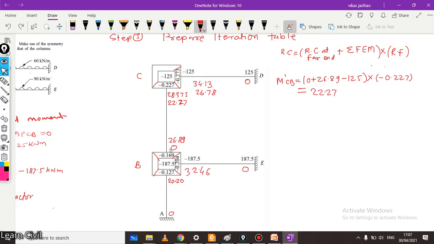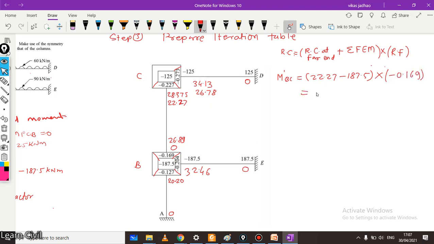Now for this member BC, rotation contribution M dash BC will be equal to rotation contribution at far end, that is 22.27, and the rotation contribution at the other far end is 0, so we don't consider that, plus fixed end moment at joint B, that is minus 187.5, multiplied with rotation factor minus 0.169.